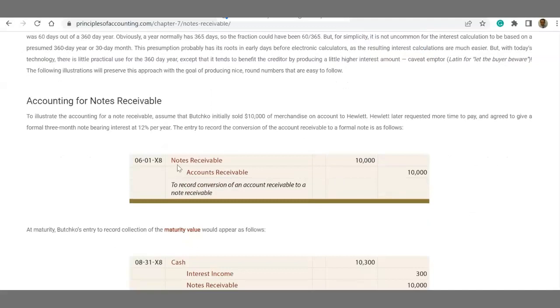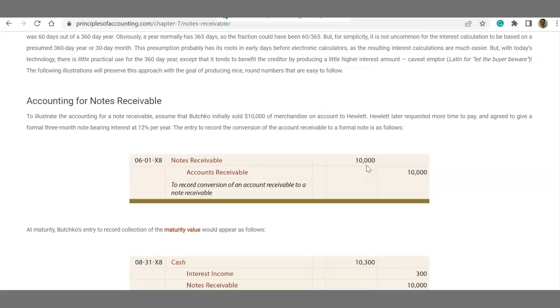So you record the note receivable in this case, because the accounts receivable was supposed to be paid in 30 days and the customer was not able to pay. And you ask the customer to sign the note because you're going to close the accounts receivable and convert it to note receivable.